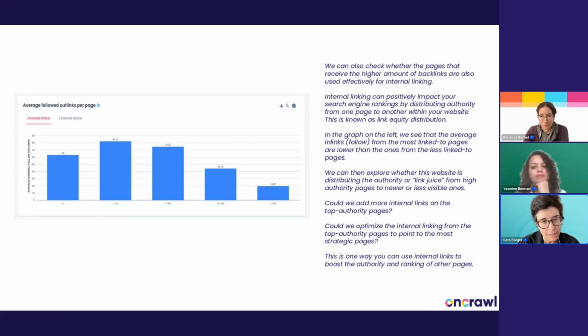In this graph, you can see that the average followed outlinks in the pages that have the most backlinks is actually lower than every other group. So this suggests that we could do some further optimization and increase the number of internal outlinks from the pages that have the highest external authority.